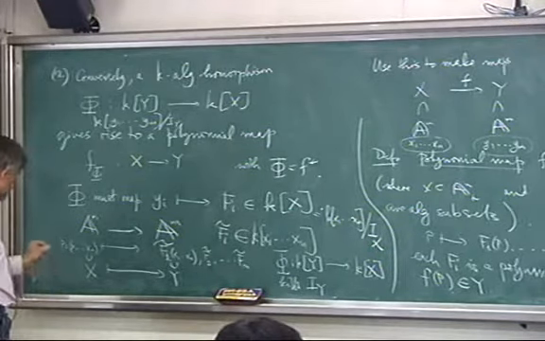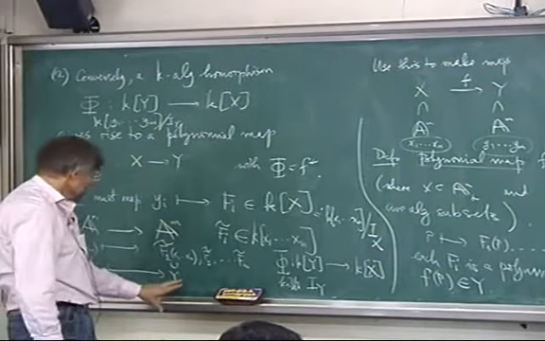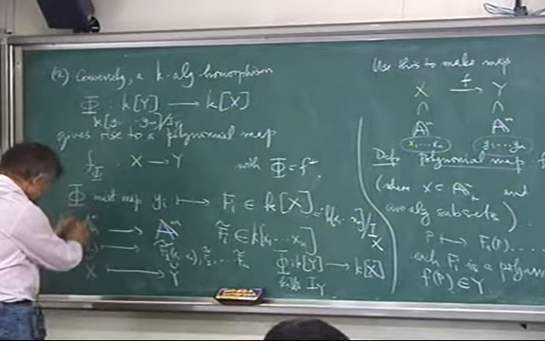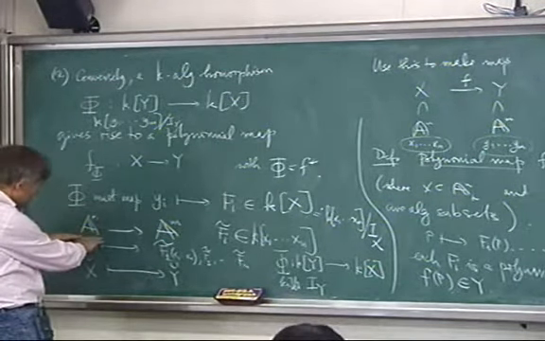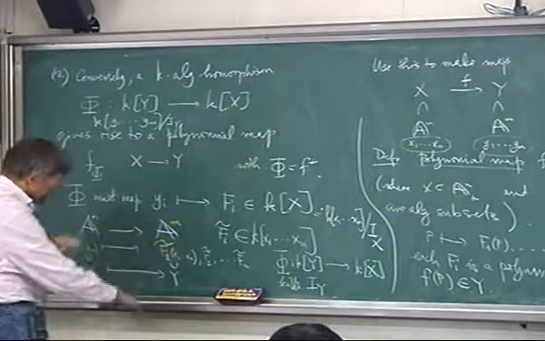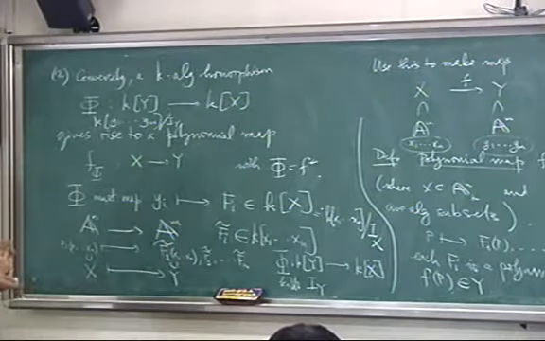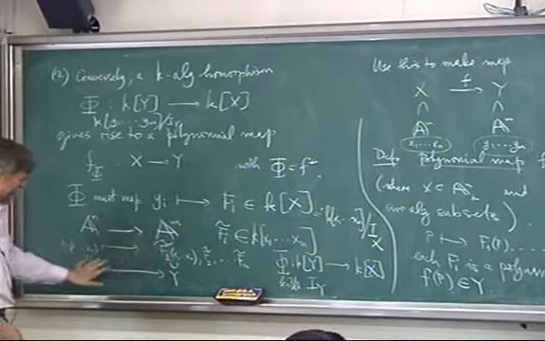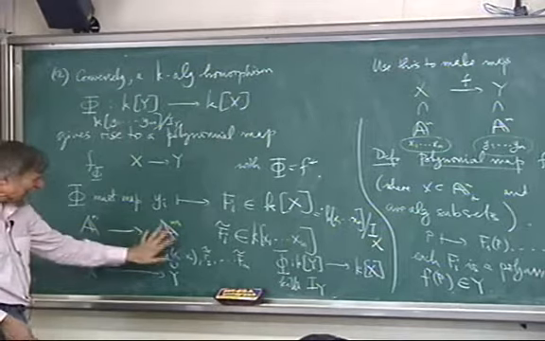What do I want to say? The thing I'm doing here is mapping the whole of An to the whole of Am. And so that map is not required to satisfy anything.